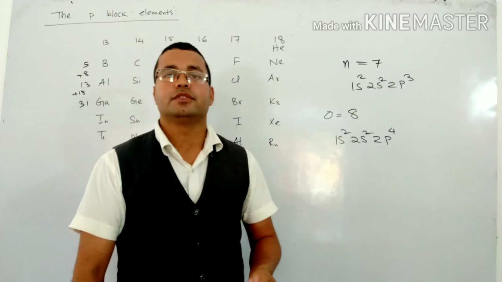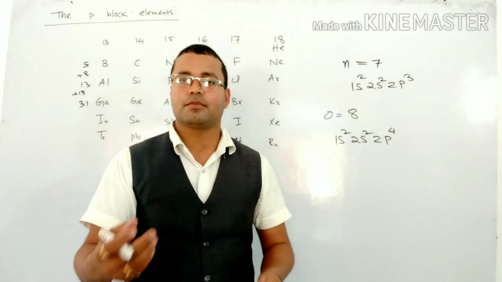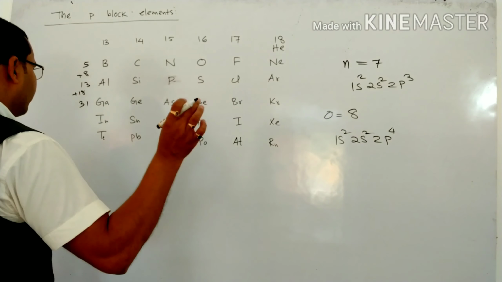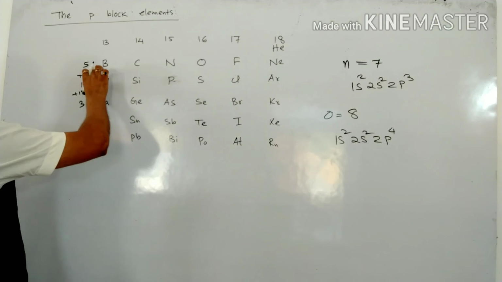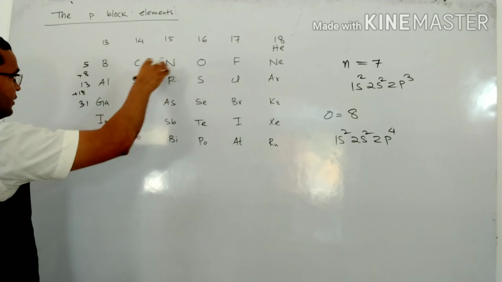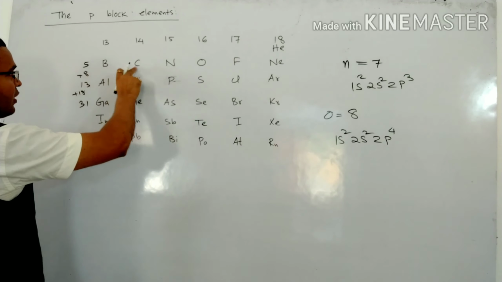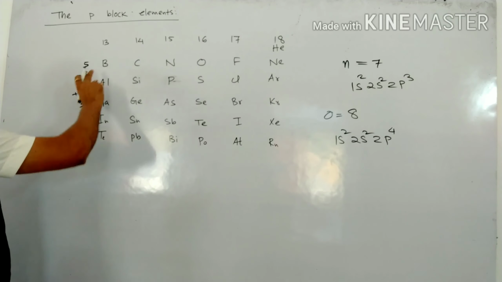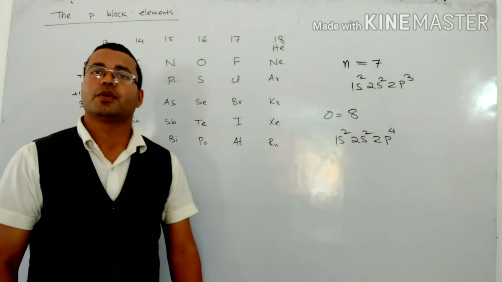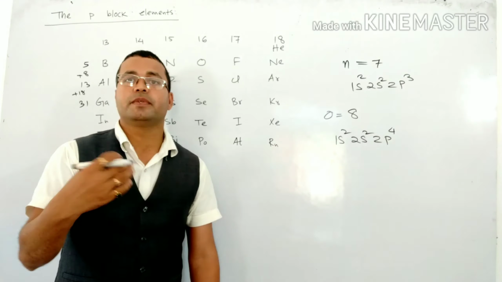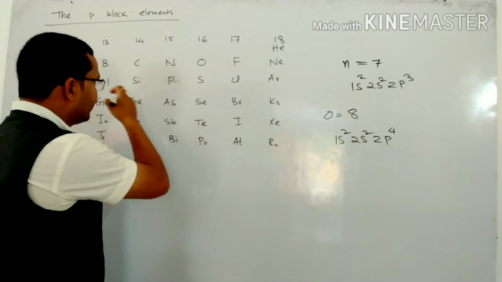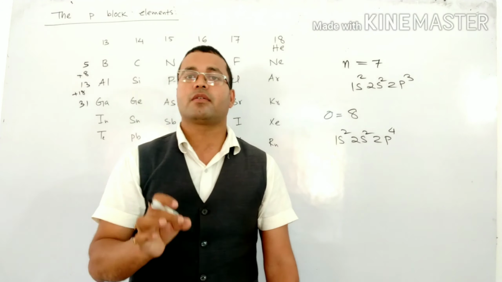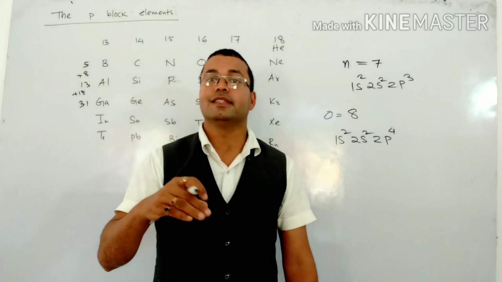Now, generally, let us discuss some general points. For example, atomic size. Atomic size you already learned in class 11. In the period of boron, carbon, nitrogen, oxygen, fluorine, neon, every element has 2 shells. So atomic size should be the same. But due to the increase of effective nuclear charge, the attraction force between the outermost shell and the nucleus is increasing.